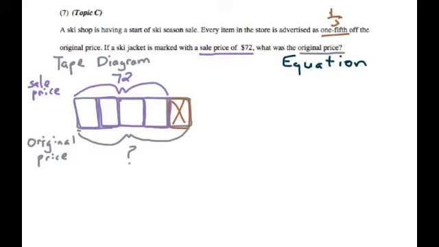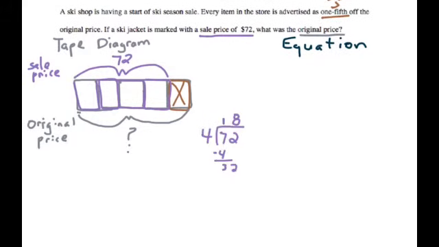So this 72 is being shared by how many boxes in our tape diagram? So it's being shared by 4 boxes. This is the part of the diagram we do pay. 72 divided by 4 is 18. So that means originally this price was made up by 5 18s.